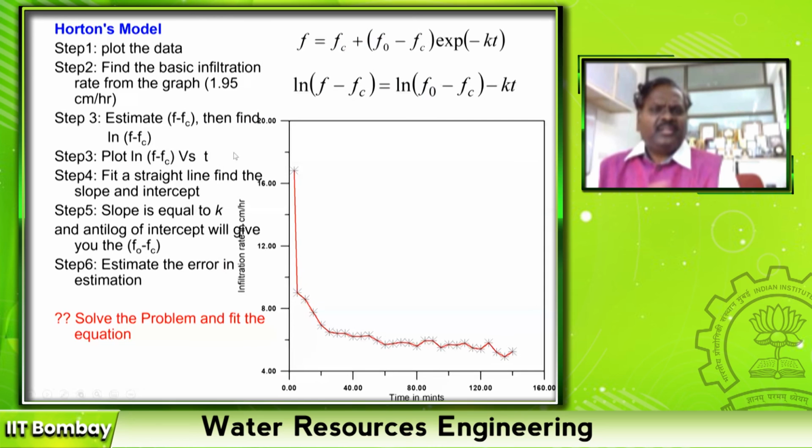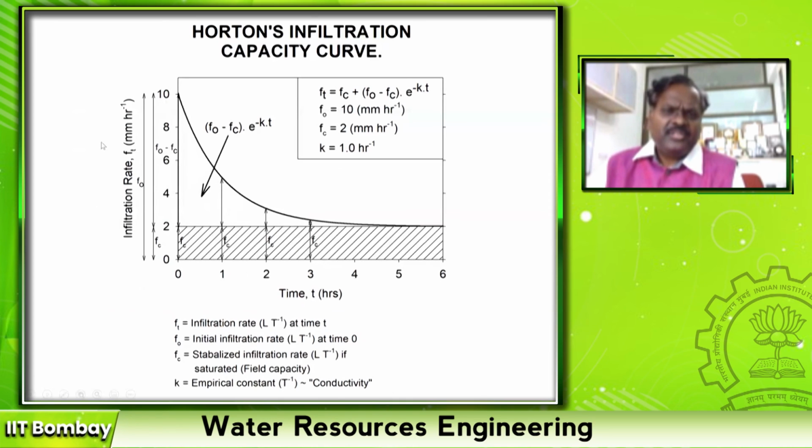And we can estimate the value of K. Okay, so this is a simple Horton's infiltration capacity curve. You can now understand FC. This is F naught. So F naught minus FC is varying only between my F naught and FC.